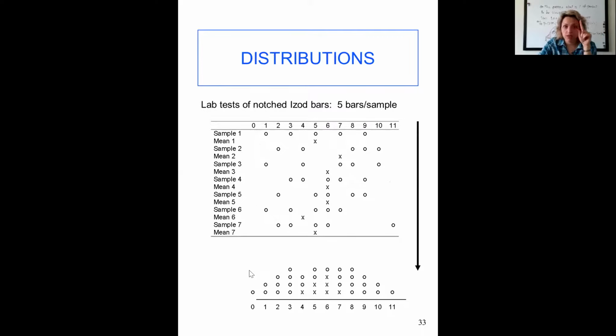The O is the actual data point, and X is the mean of them. For example, for sample 1, we have this one, this one, this one, this one, and this one. The mean for sample 1 is here, around 5.